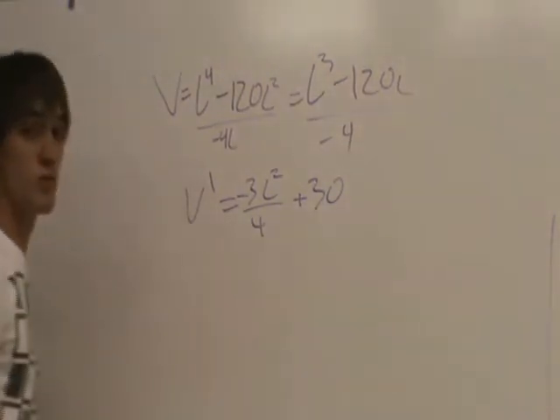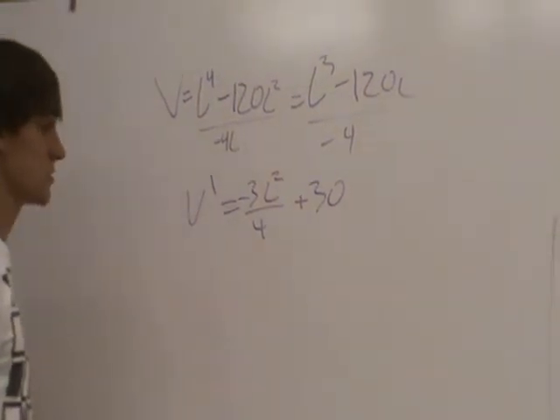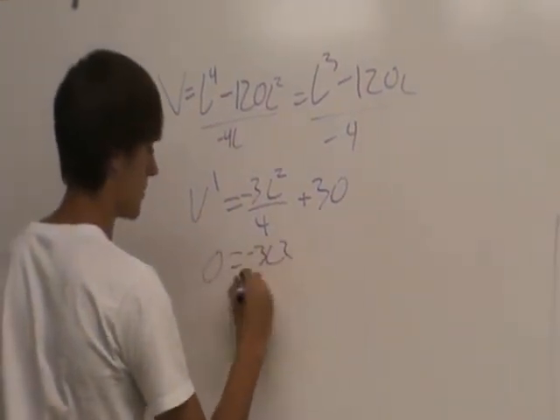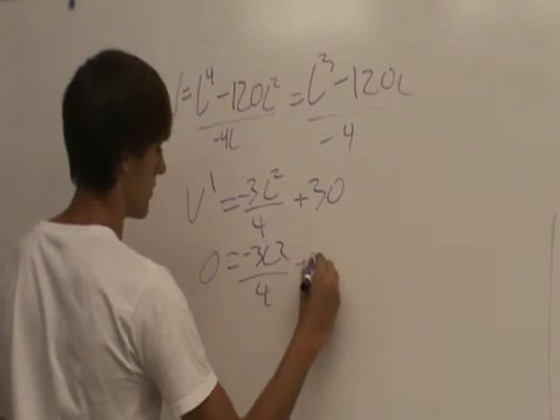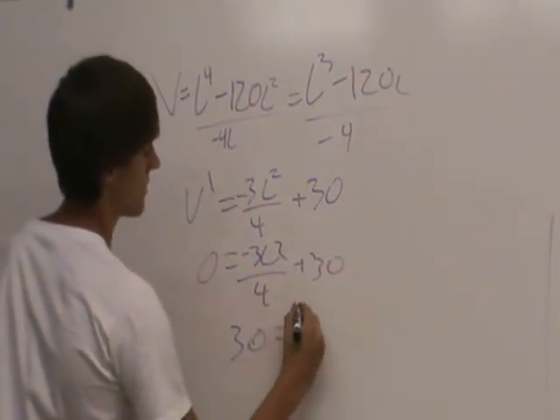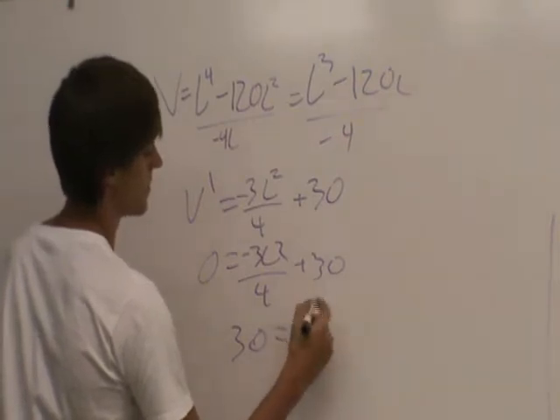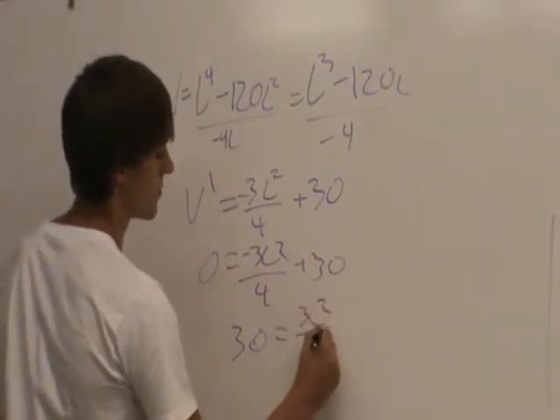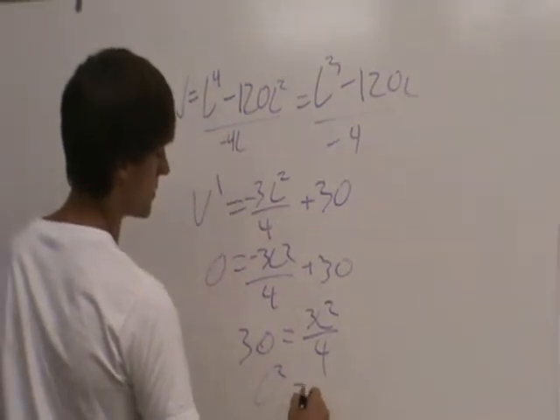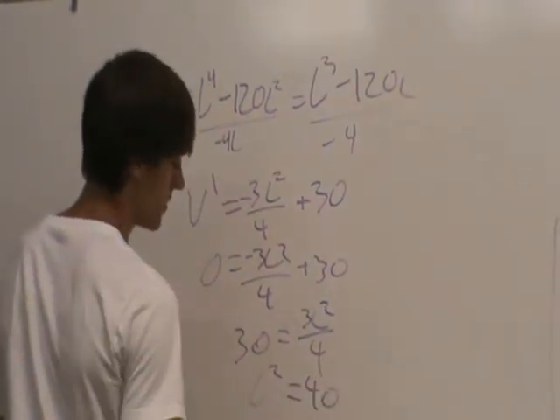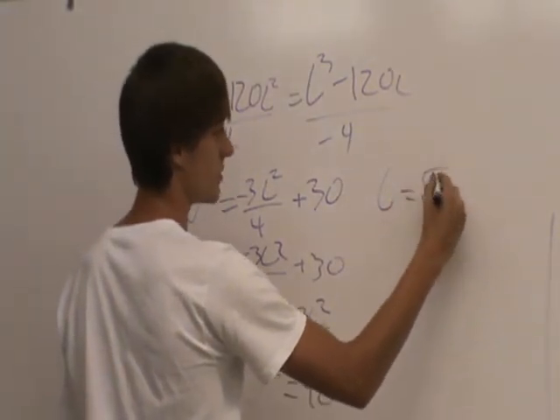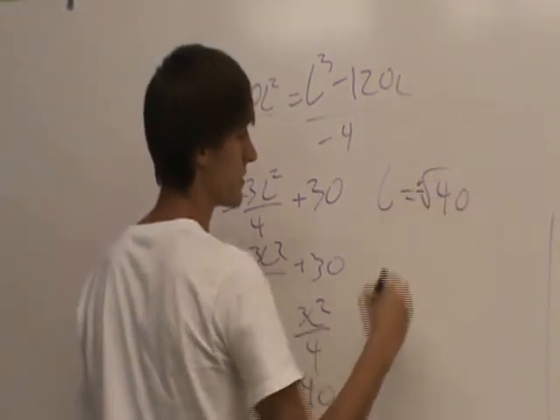And then we need to find the zeros of this equation, which comes to 30 equals 3/4 length squared. Length squared equals 40. Our length equals the square root of 40, plus or minus.